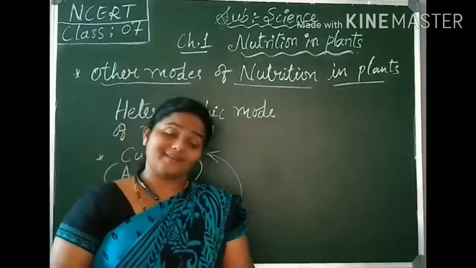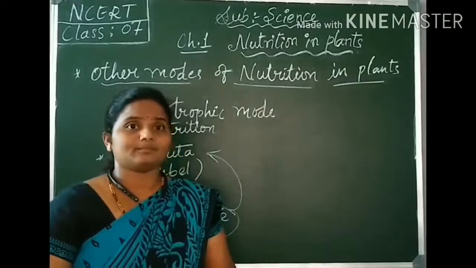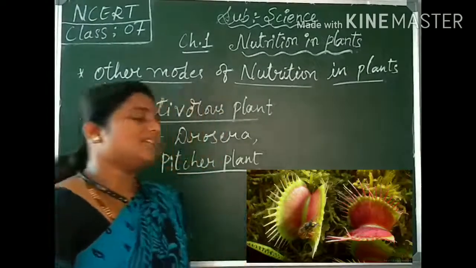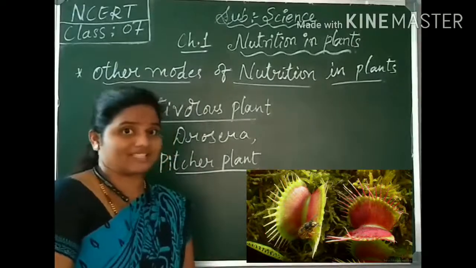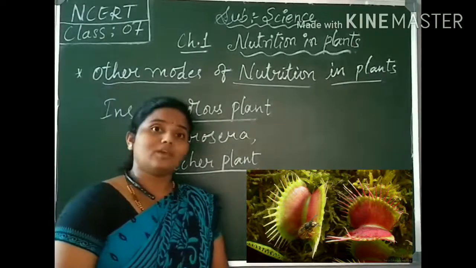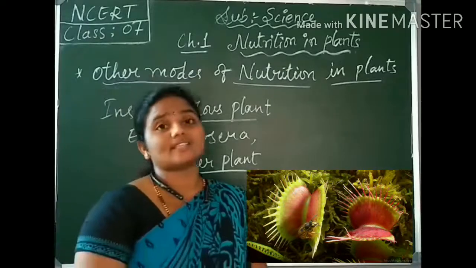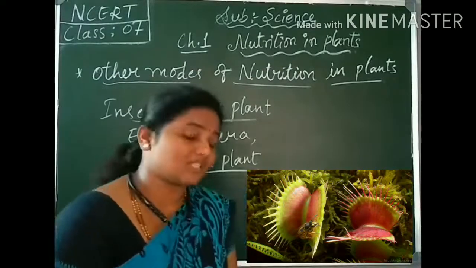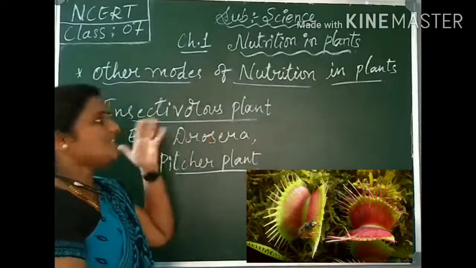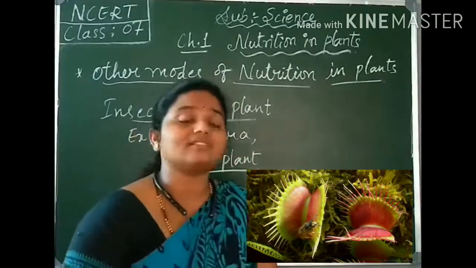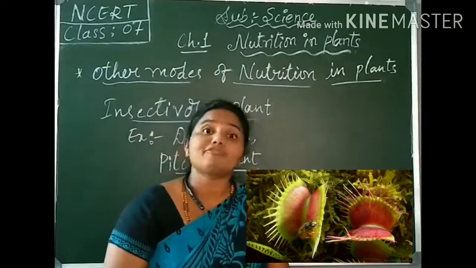Parasite. And the body which is giving shelter for the Cuscuta is called what here? Host body, isn't it? Have you heard about plants which eat animals? Or have you learned in lower classes, what are they? Insectivorous plants. It means the plants which eat other animals for their food purpose.